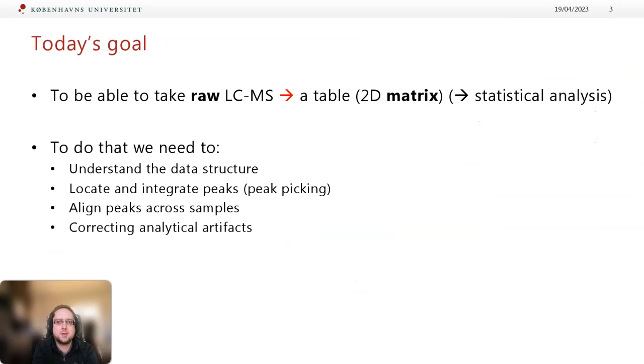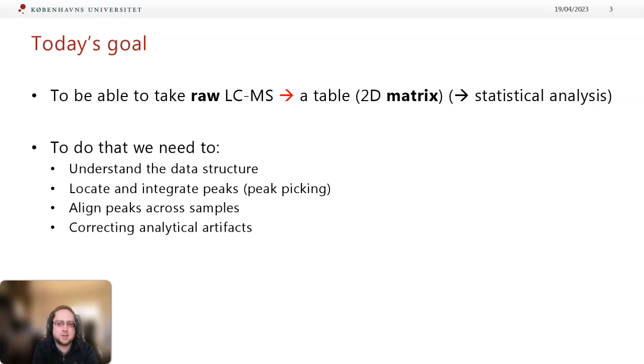The goal of this video will be to explain how we go from the raw LCMS data to a two-dimensional table that we can use for statistical analysis. To do this, we need to understand what is the data structure of this LCMS data. We need to locate and integrate peaks. This is what we call peak picking.